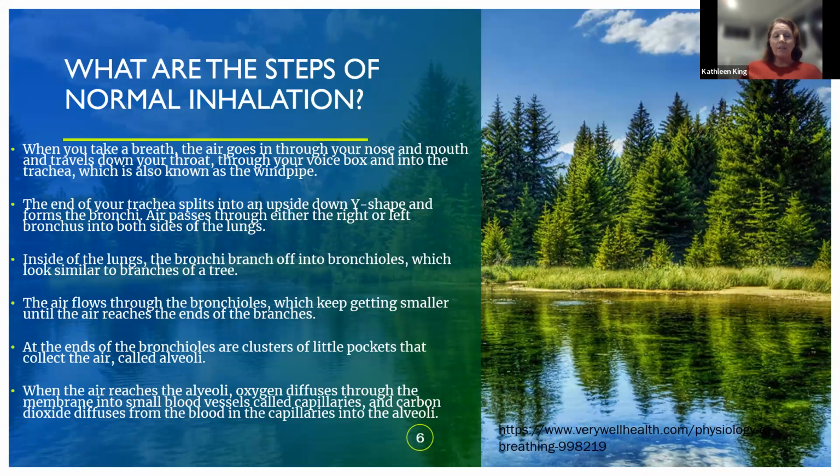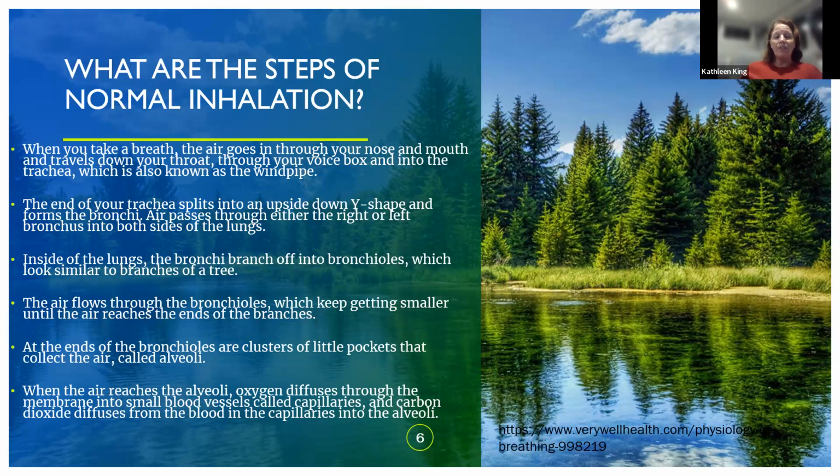Inside the lungs, the bronchi branch off into these bronchioles, which look similar to the smaller branches of a tree. The air flows through the bronchioles, which keep getting smaller until it reaches the ends of the branches. And at the ends are these clusters of little pockets that collect the air, called alveoli.